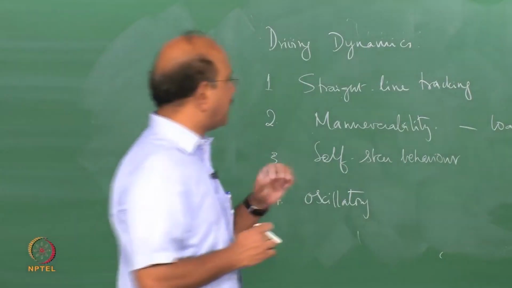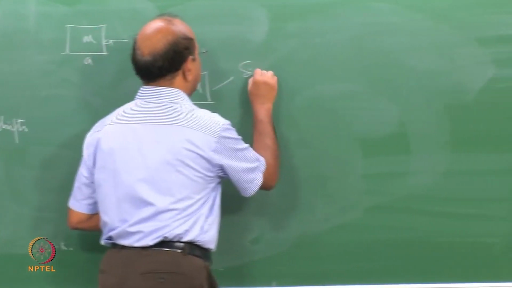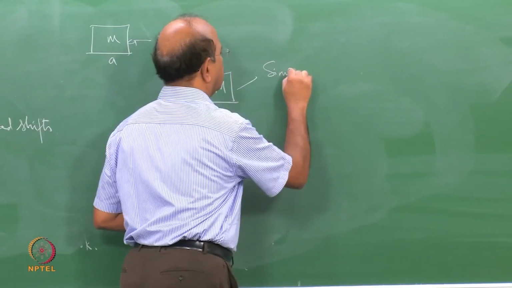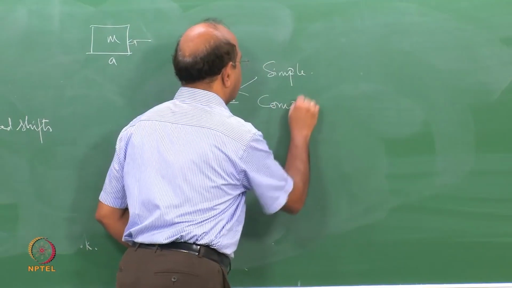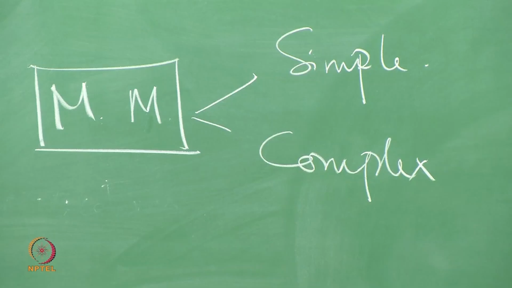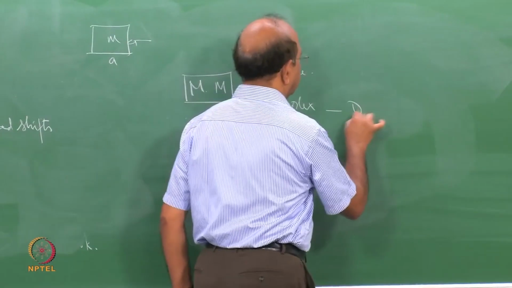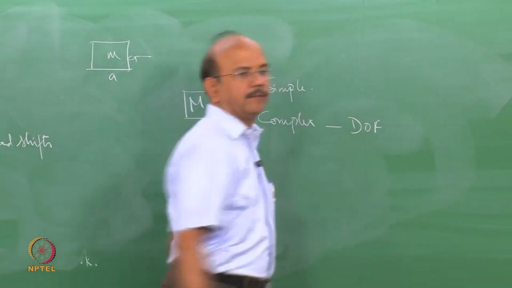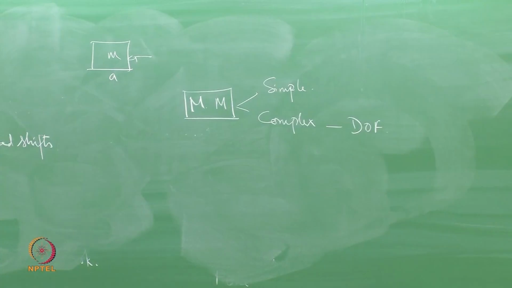So from that sense, mathematical model can be very simple, like what we had seen, or it can be complex, and the complexities increase as we increase what is called the degrees of freedom.